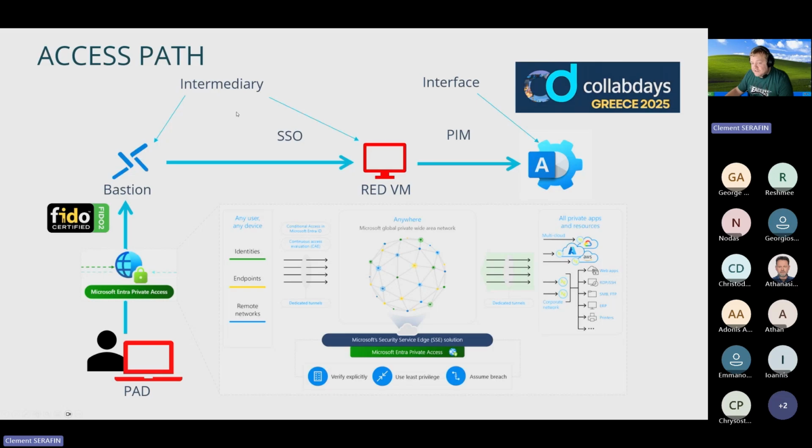Inside the Bastion, we have the possibility to use a VM. This VM, a virtual machine, will be what we call a red VM. It will have all the hardening. Nobody can access the red VM except the PAW laptop. And after you have activated the permission inside it, you access the interface. So we are making an end-to-end securization.